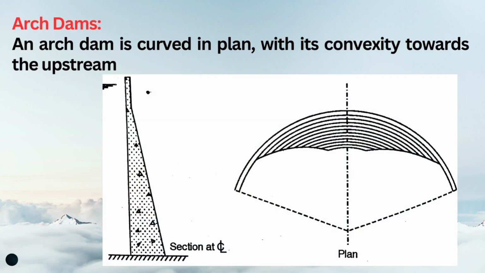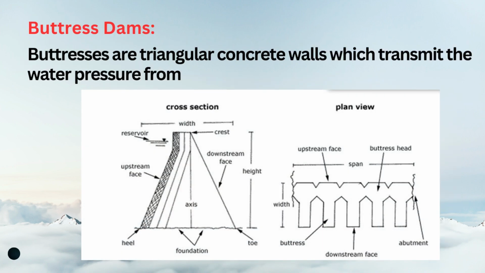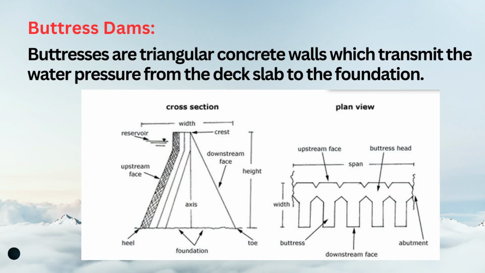Then arch dams, which you can see are curved in plan. Mostly these are not used much, but this is a kind of dam you can also see. In engineering, or in hydraulics, there are some dams that have been divided this way, so you can take help of this video to classify them in the most efficient manner.